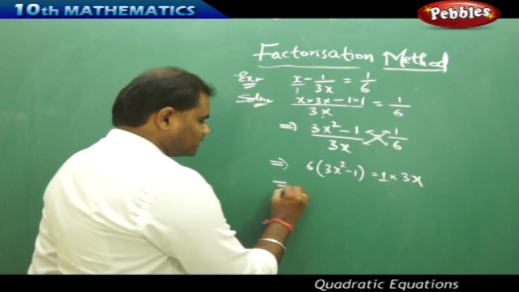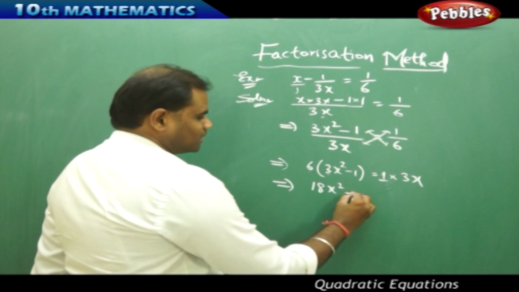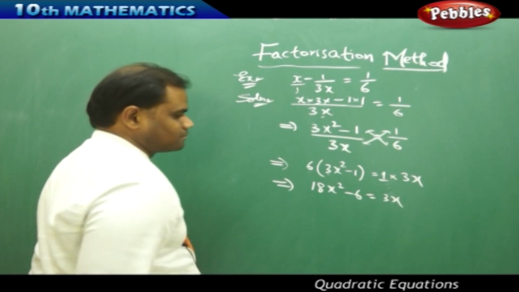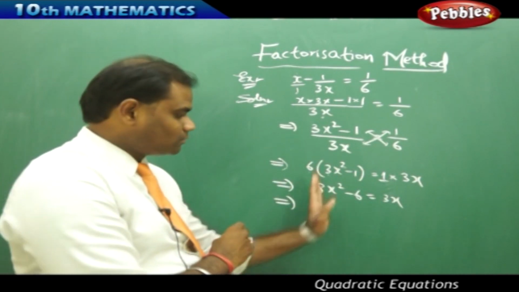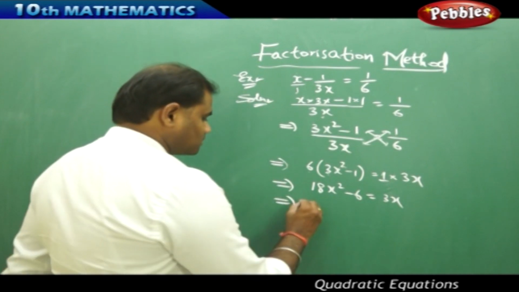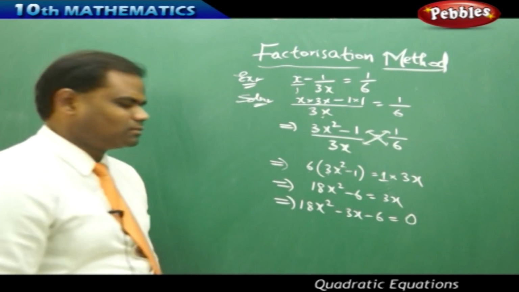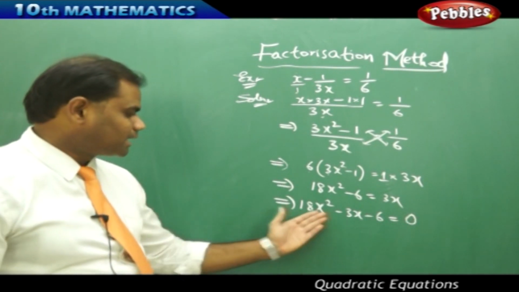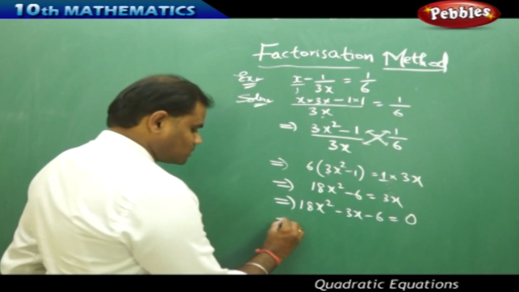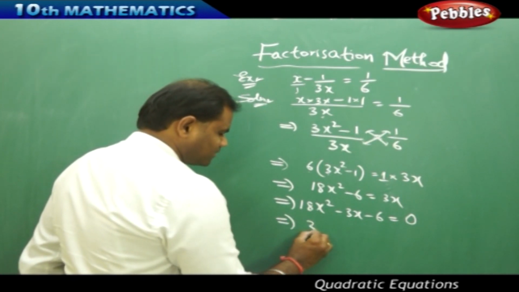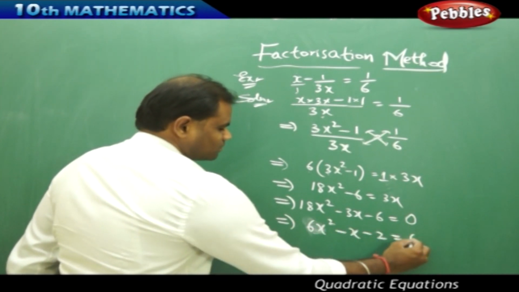Therefore, when I expand this over the brackets, I get 6 times 3 is 18x squared minus 6 equals 3x. Then with all terms to the left and only 0 on the right, this gives me 18x squared minus 3x minus 6 equal to 0, which can further be simplified by cancelling 3. I divide the whole equation by 3, so that I get 6x squared minus x minus 2 equal to 0.